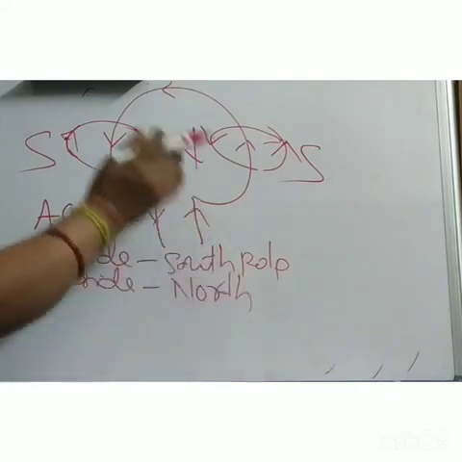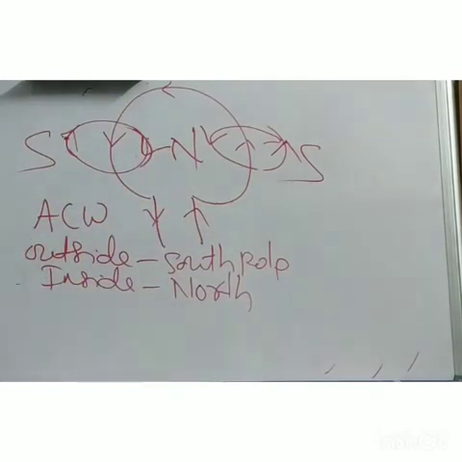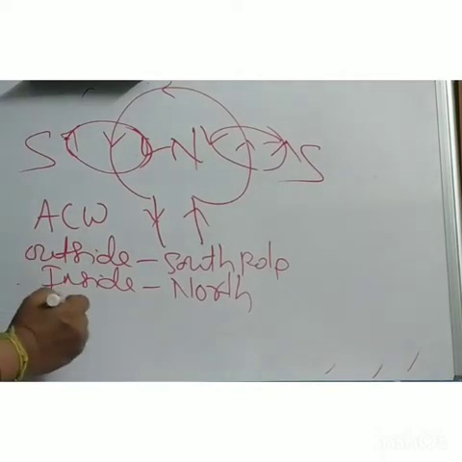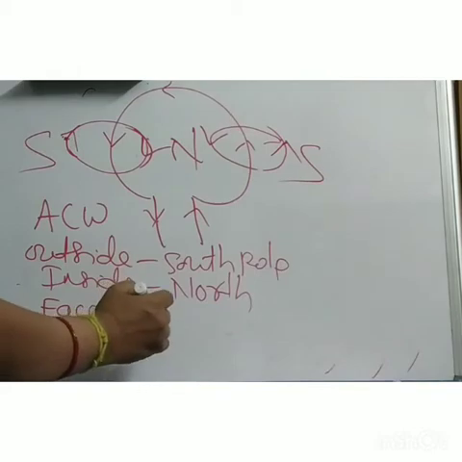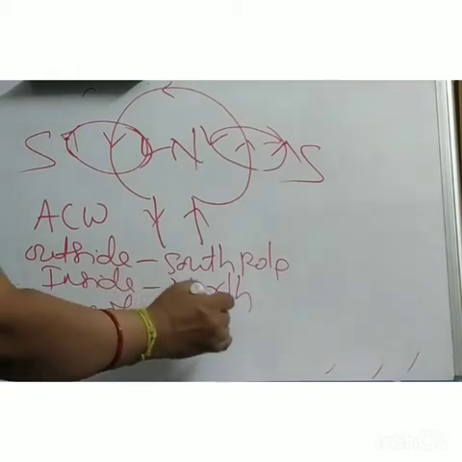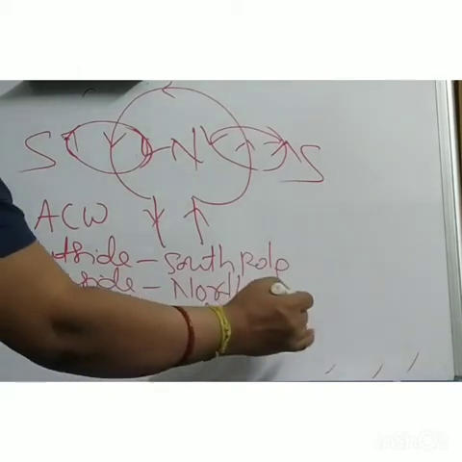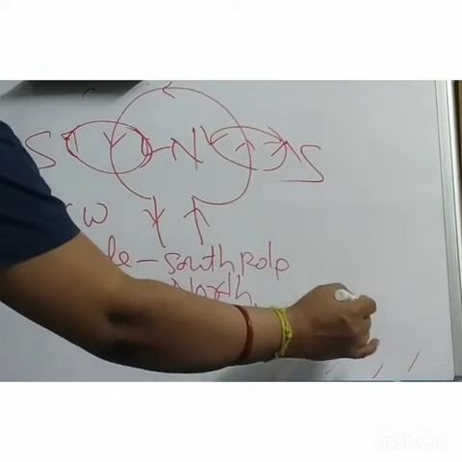So inside of the loop is north pole means what is the face of the circular loop? Face of the circular loop will be north pole. So that's why it is the clock face rule. Face of the circular loop will be north pole.